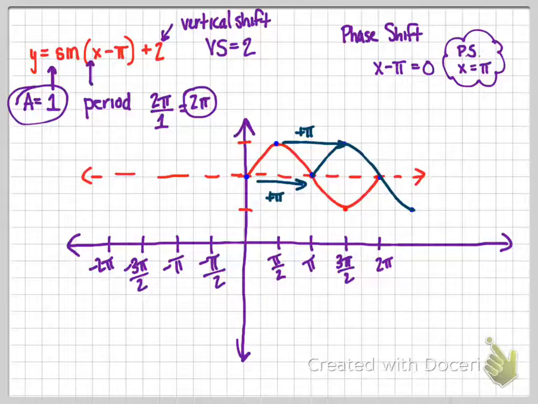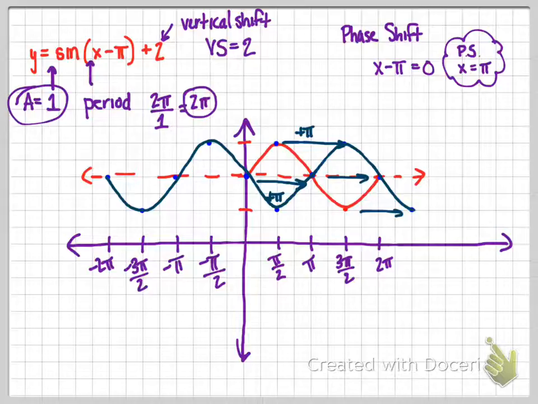What that means is the point that should have been over at negative pi over 2 is going to be at pi over 2. And then we're going to have another point at 0, and then max, 0, min, 0. So here we go. I have my sine function. I've shifted over a whole pi. Okay, so all of my points for my graph are shifted over a length of pi. So you can see that, that everything shifted.